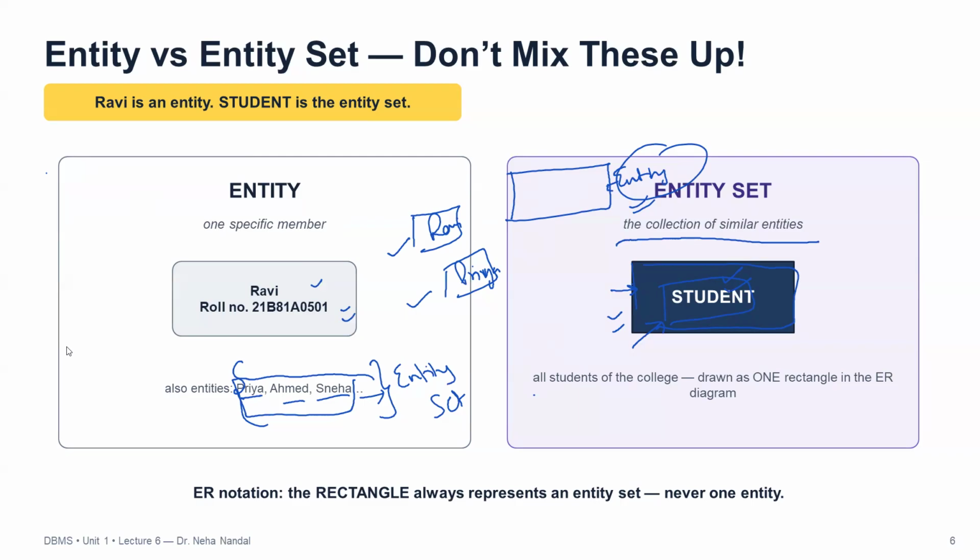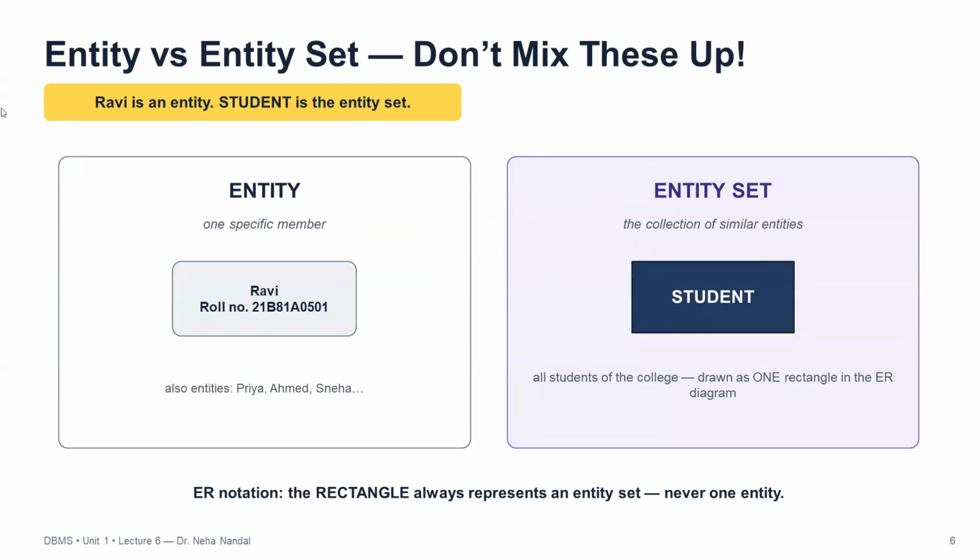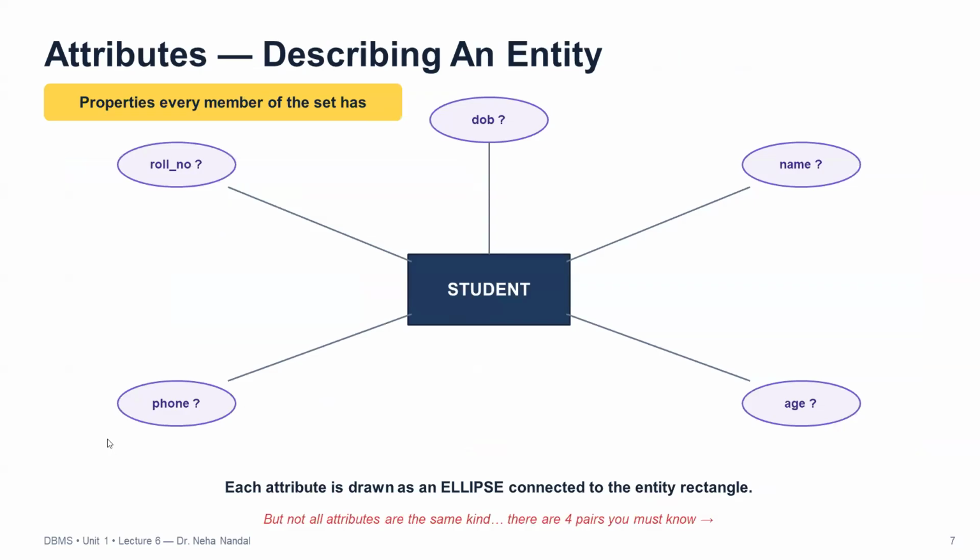Finally, we'll be drawing big ER diagrams of different examples and you will be doing it by yourself. So in ER notation, the rectangle will always represent an entity set. Correct? Next thing, what will be the features of that entity? That is called an attribute. Their representation also will be there in the diagram and that will make our model.